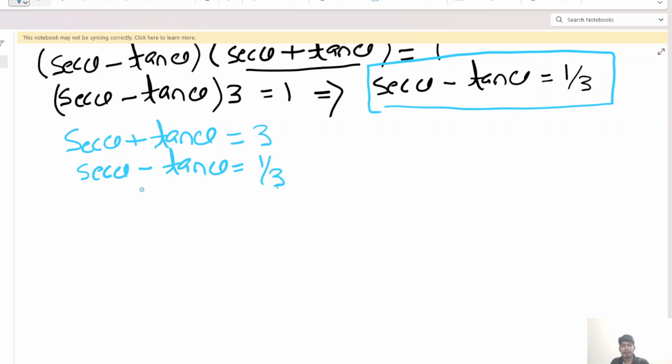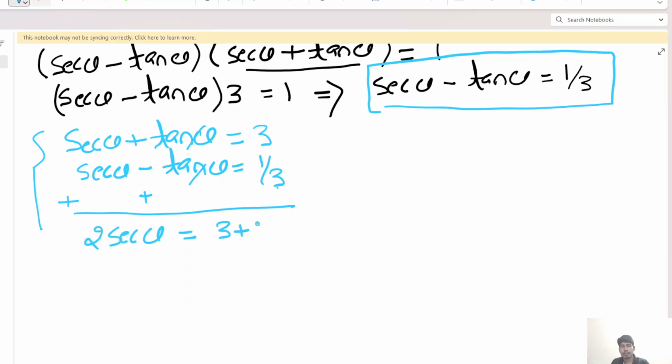Okay, when we add both equations, tan theta and tan theta cancel, this gives 2 sec theta is 3 plus 1 by 3. Then it implies 2 sec theta is, 3 into 3 is 9 plus 1, 10 by 3.